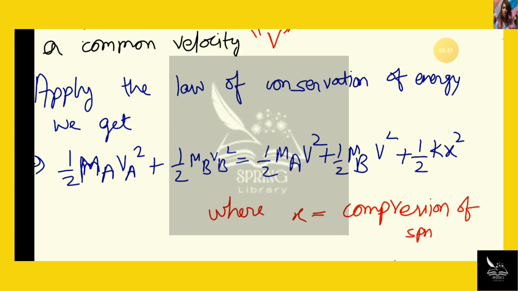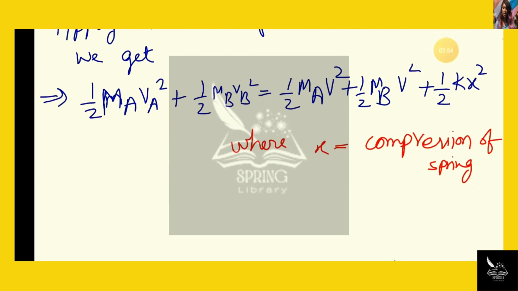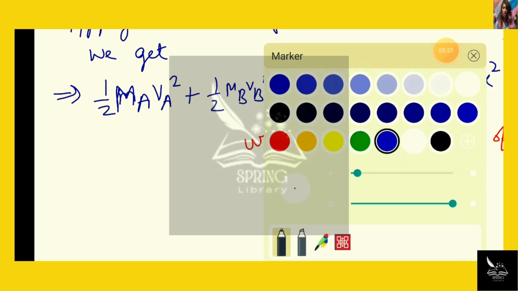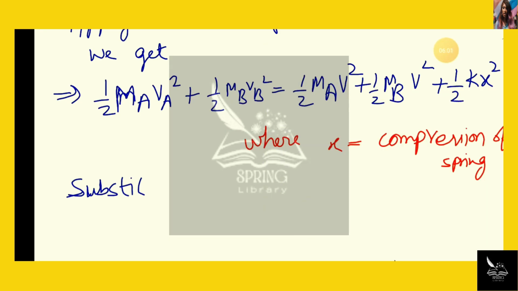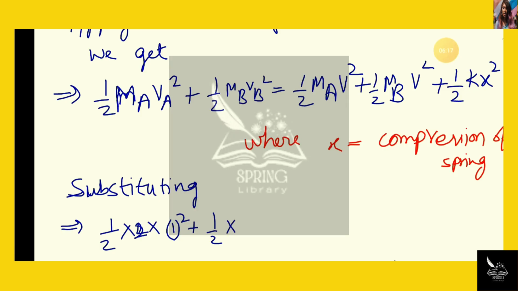Now substitute the data. The left side is half multiplied by MA VA square, that is 2 multiplied by 1 square, plus half MB VB square, that is 2 multiplied by 0 square, equal to half MA, that is 2, multiplied by... in both terms on the right side I take V square common, so inside it is half MA plus half MB.